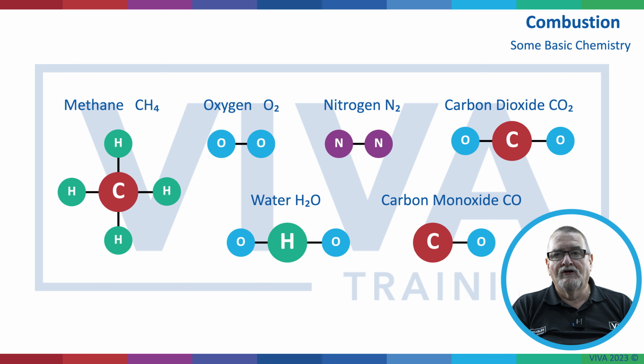Water, H2O, 2 hydrogens, 1 oxygen. And then we've got carbon monoxide, CO, the nasty stuff that comes from incomplete combustion, which we're going to look at shortly. That's carbon, 1 oxygen. So just a little bit of basic chemistry to give you more of an understanding when we start looking at combustion. This is all about chemistry.